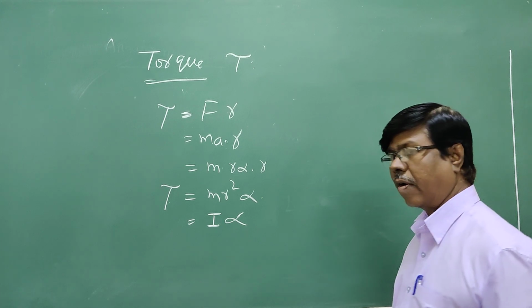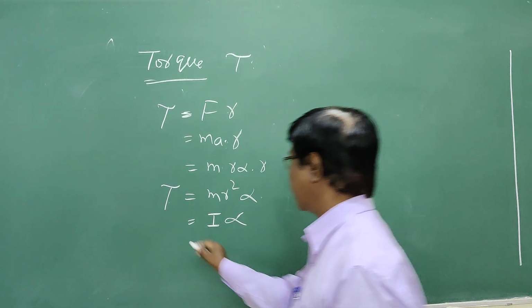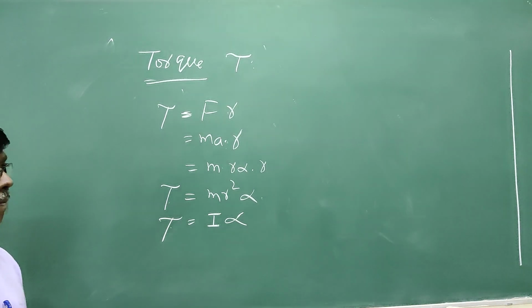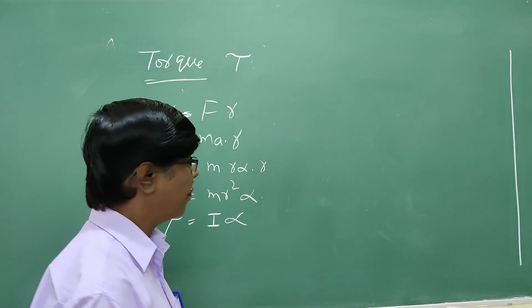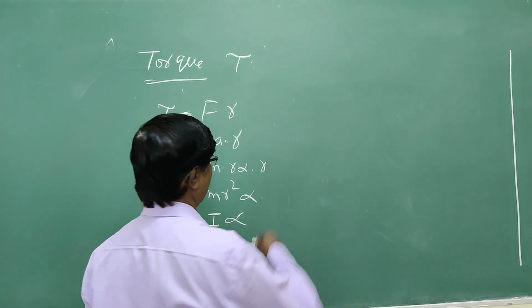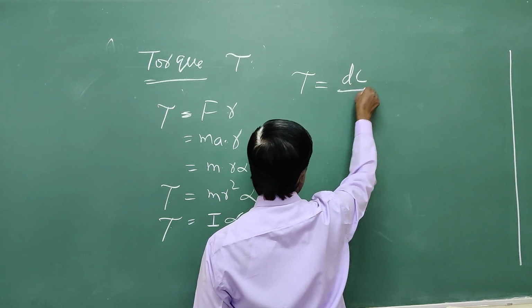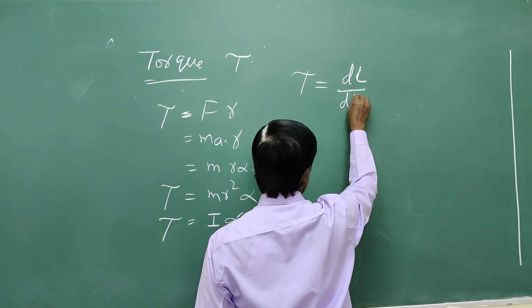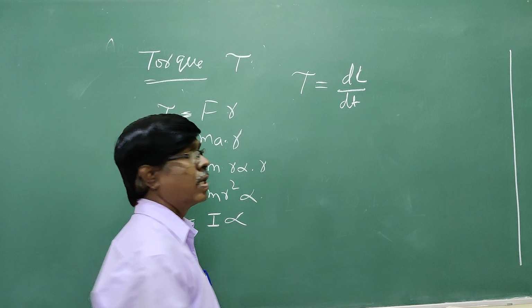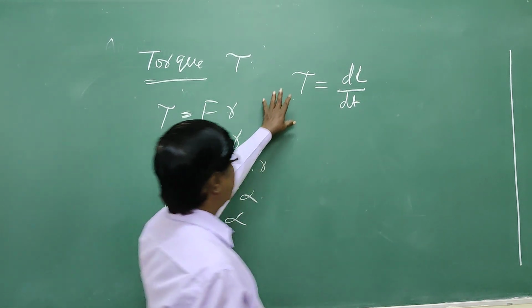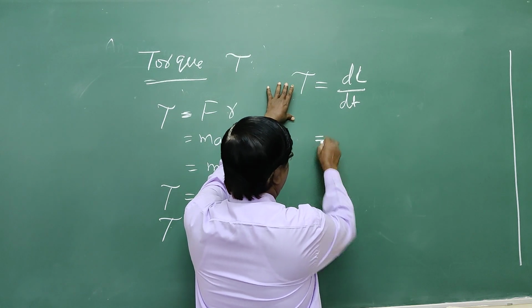This can also be defined as the rate of change of angular momentum. Torque is also defined as dL by dt, where L is angular momentum. So dL by dt is also called torque.